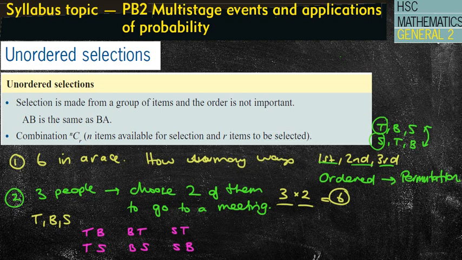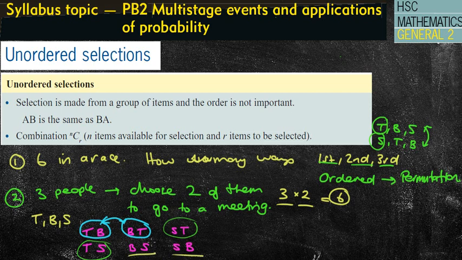However, have you noticed something? Let's look at, for example, we've got Tom and Bill here, but here I've got Bill and Tom. Are they not the same group of 2 people? See how it doesn't matter which way I chose this, whether it be Tom first then Bill, or Bill first then Tom, they are still the same group of people. Likewise, if I look at Tom and Sarah, I've also got Sarah and Tom over here, and likewise I've got Bill and Sarah and Sarah and Bill.